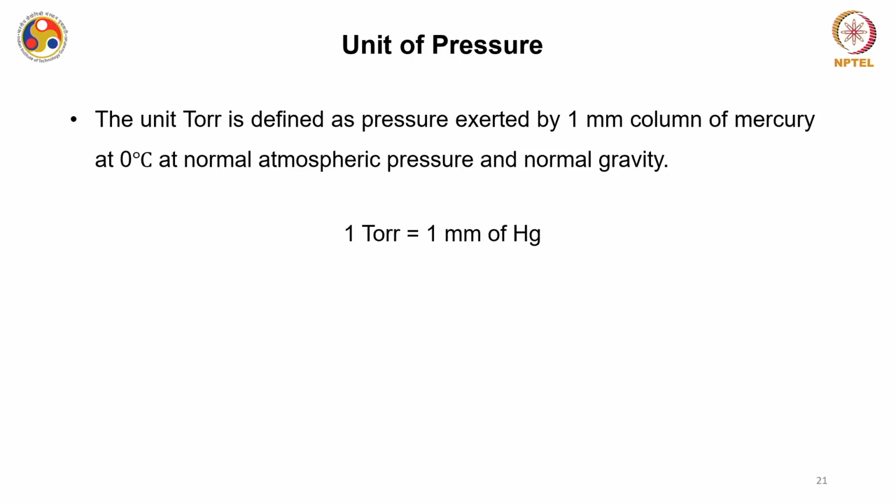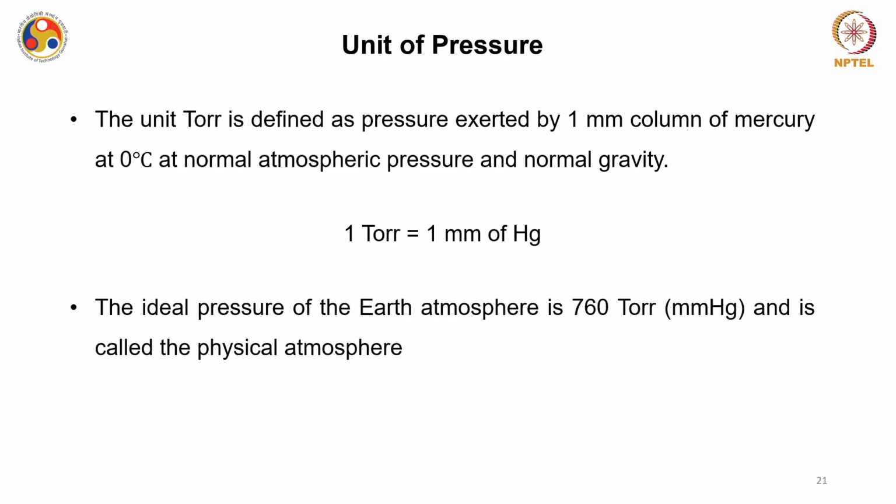So one torr can be defined as 1 mm of mercury. The ideal pressure of the Earth's atmosphere is 760 torr or 760 mm of Hg and is called the physical atmosphere. So 1 atm can be defined as 760 torr or 101325 Pascal.